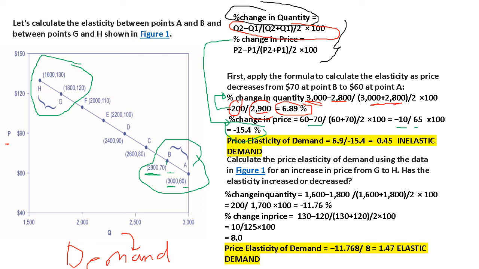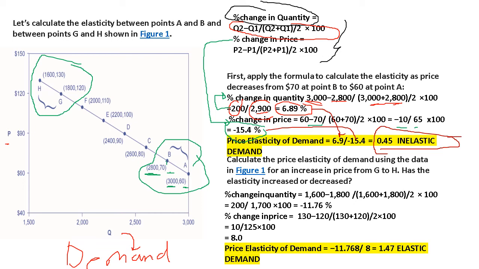So here, you want to now try to determine what is the price elasticity of demand. So we divide this one, 6.89 or 6.9, divided by negative 15.4 gives you 0.45. Again, because that is less than 1, it means to say that it is inelastic.